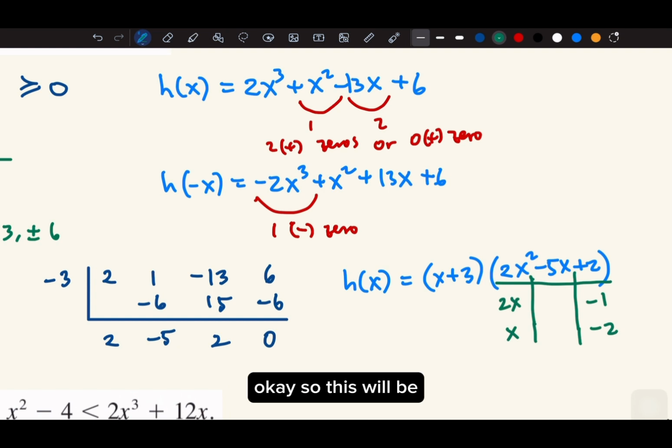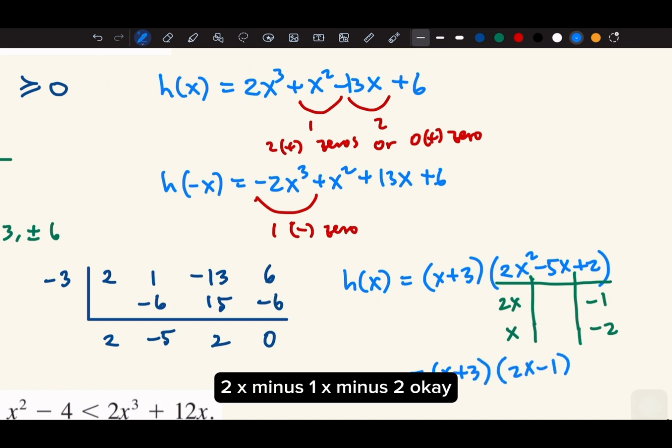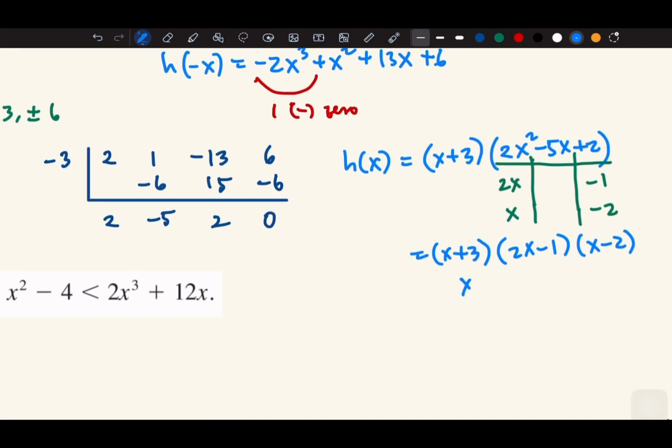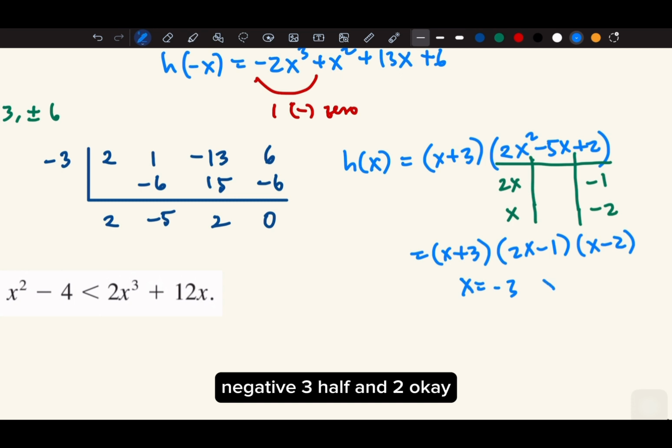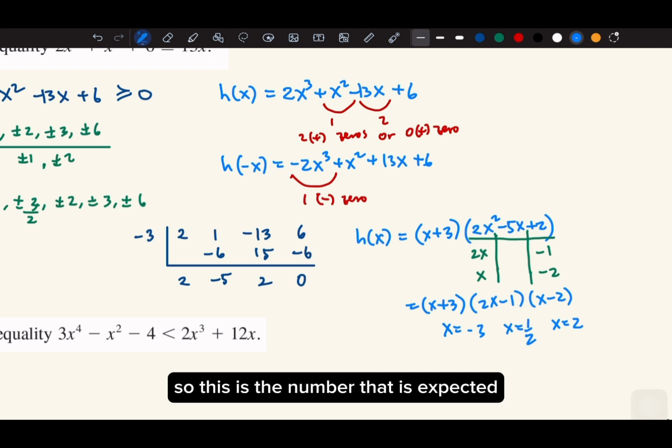Okay, so this will be 2x minus 1, x minus 2, okay? So the zeros are negative 3, half, and 2. So this is the number that is expected.